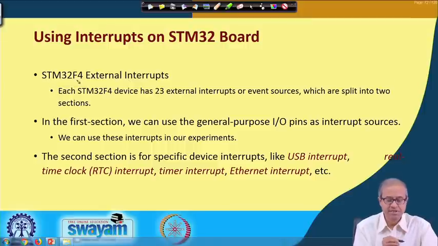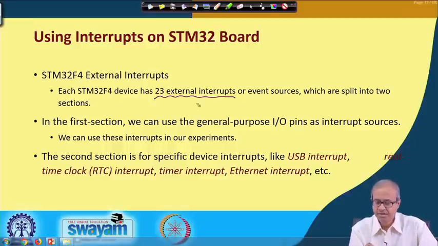For the STM32F4 general family of boards, talking about external interrupts, there are 23 external interrupts that are supported, right. Now, among these 23 external interrupts, these are split into two sections.